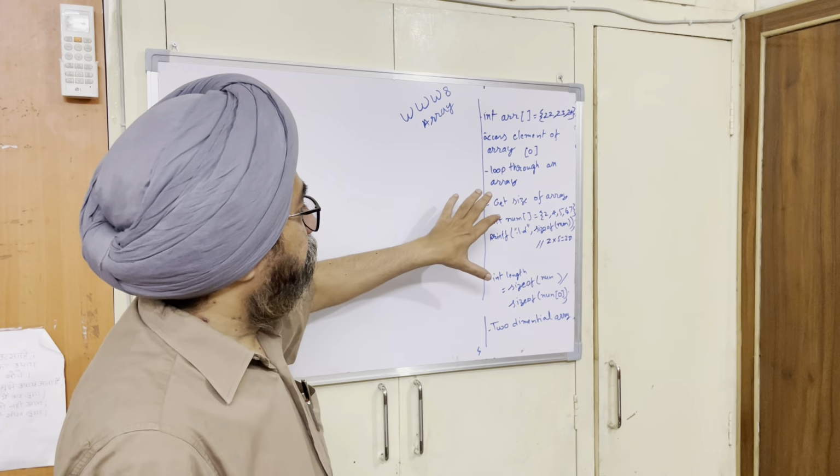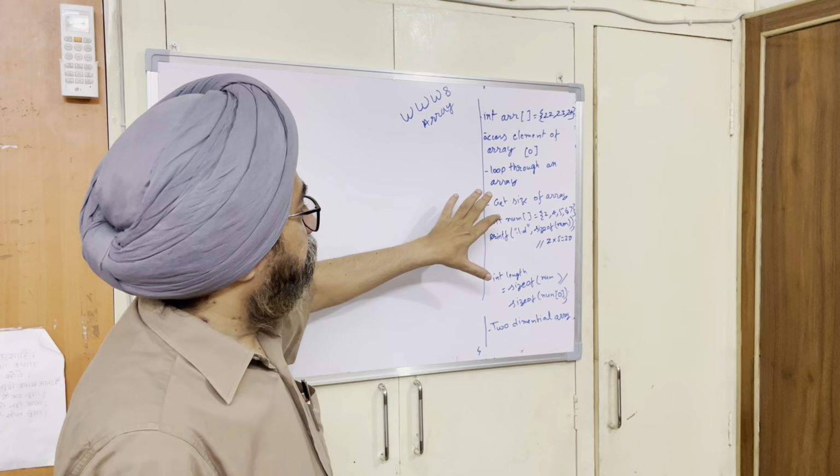Suppose this is the x1 variable, it is here x2 variable, this place for x3, and this place for x4, and so on. They are not adjacent. What happens when we search for a particular variable? It has to search from here to there, and in such a way it takes some time.